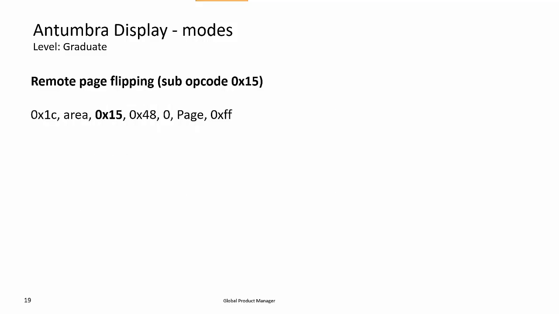If I wanted to go to a page other than the standby page or the home page, if I wanted to go to a standard page, then I can use this message. It's still the opcode 48, but it's using sub-opcode 15, and this is a page flip. What this will do is I can choose any page in the Antumbra. Remember, you've got 16 pages.